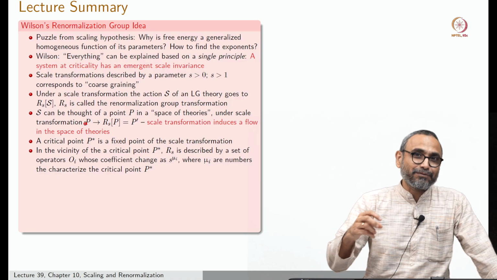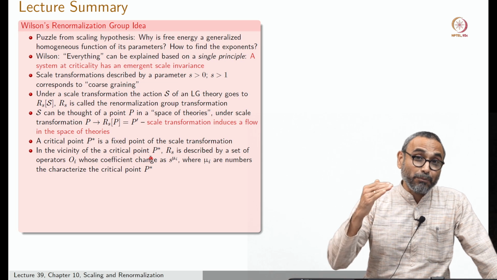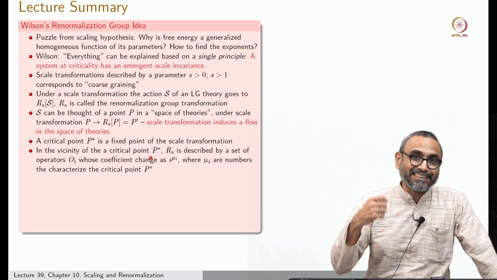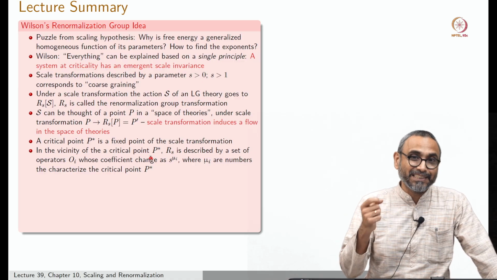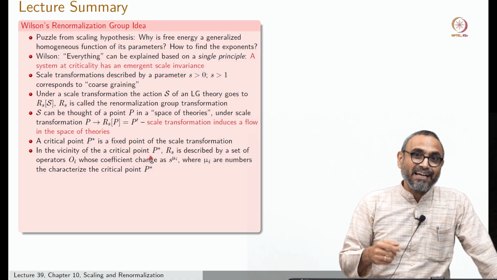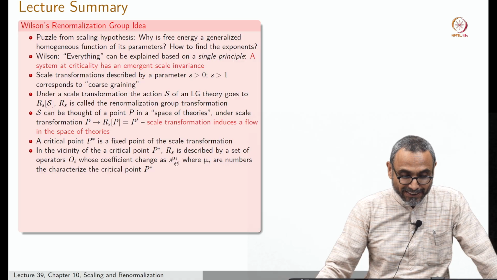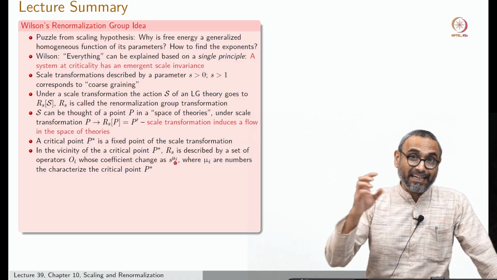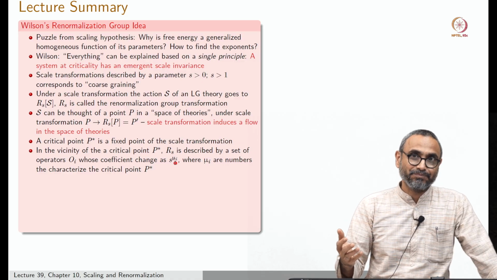In the vicinity of this fixed point, we were able to linearize R_s, and we said that the action of R_s is captured by a big matrix, which depends on the parameter s, and its eigenvalues are characterized by these exponents mu_i, and the corresponding eigenvectors are called eigen-operators.